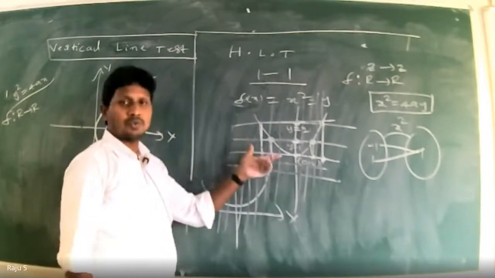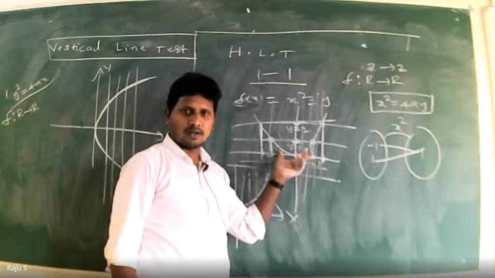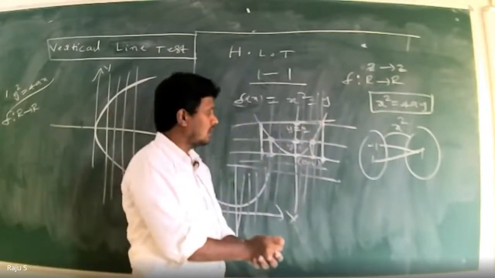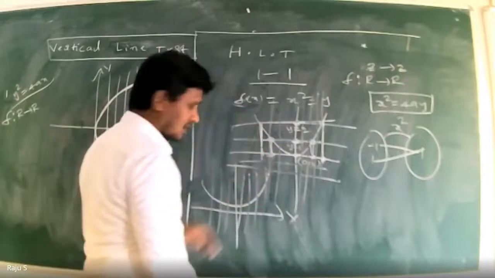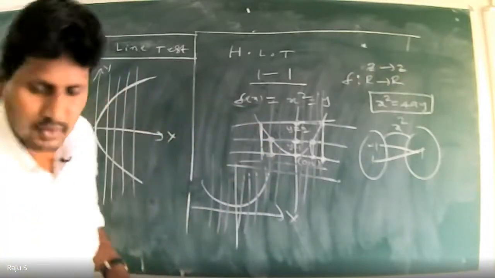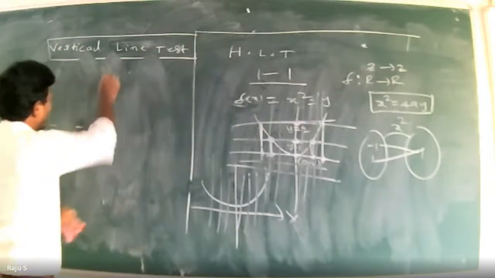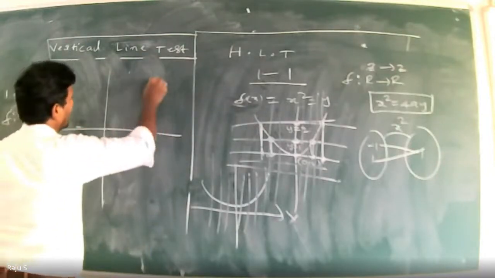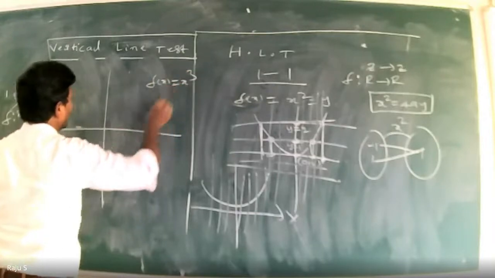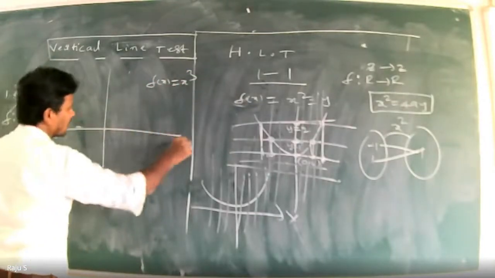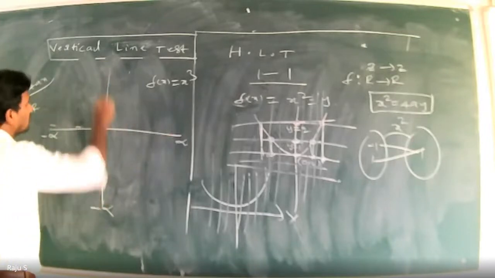But coming to whether it is 1, 1 or not, to check the 1, 1, draw the horizontal line. Okay, for example, if I take the function x cube from R to R, what is the graph of x cube? Graph of f of x is equal to x cube from R to R, real numbers, means minus infinity to plus infinity.